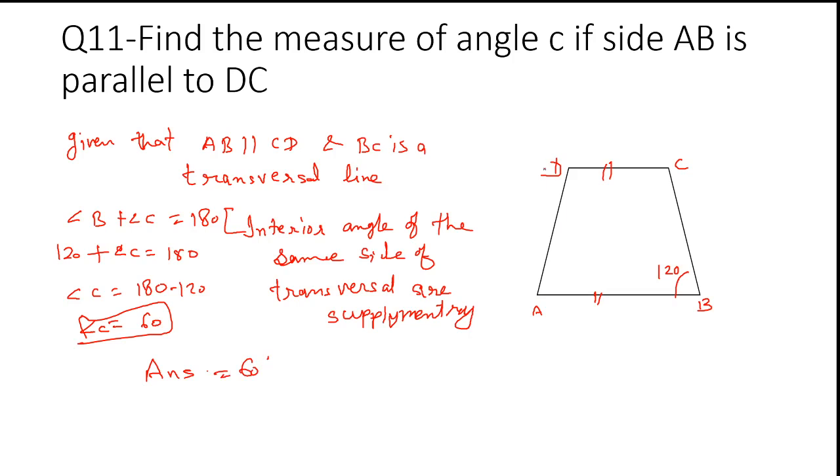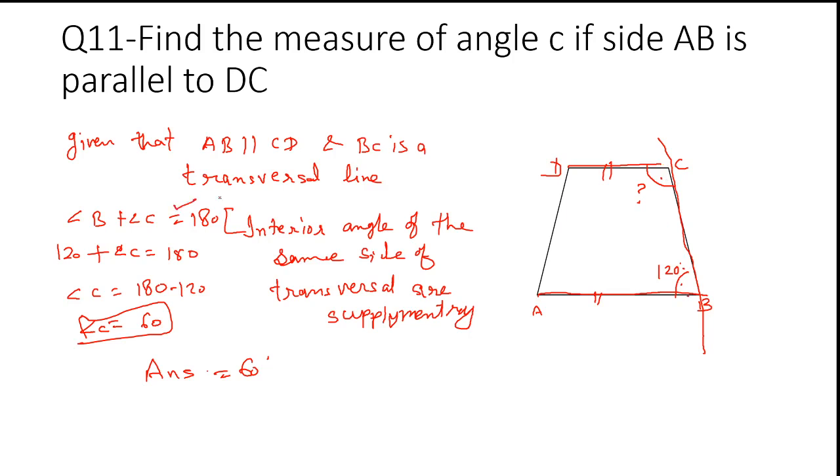Which property have we used? It has been given that DC is parallel to AB, and BC is a transversal line. We want to find C. These two angles B and C are interior angles on the same side of the transversal, so they should be supplementary.